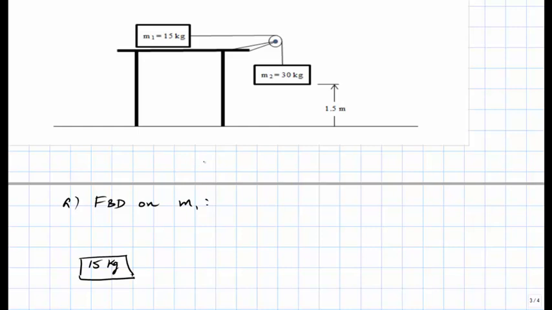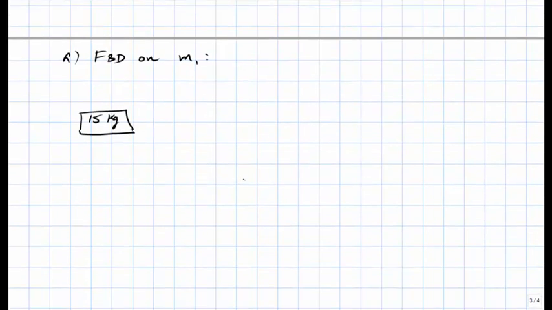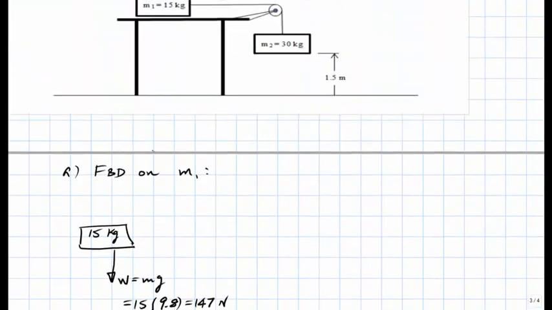And the first thing we note is that the block has weight. In other words, the earth is pulling at it in a downward fashion, and so we'll represent the weight with this arrow. The weight, of course, just equals mass times gravity. That's 15 times 9.8, and that equals 147 newtons. Of course, the 9.8 is the value of gravitational acceleration.